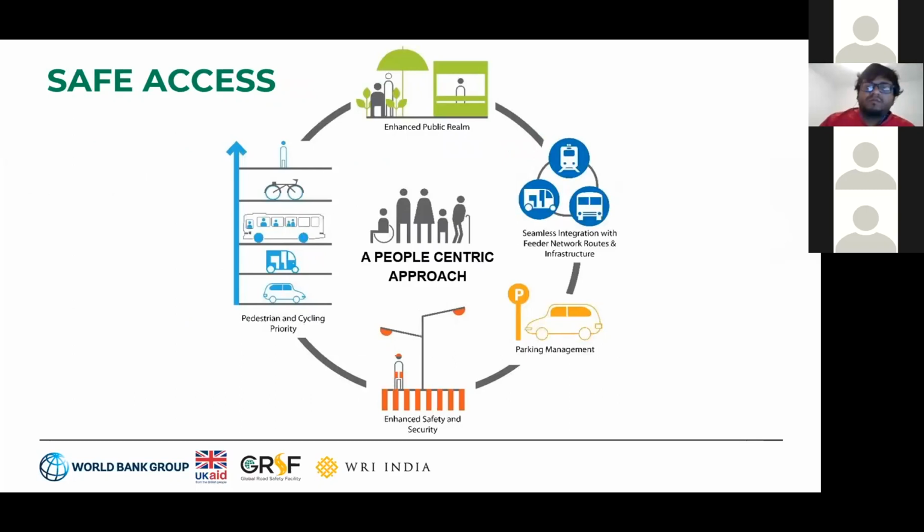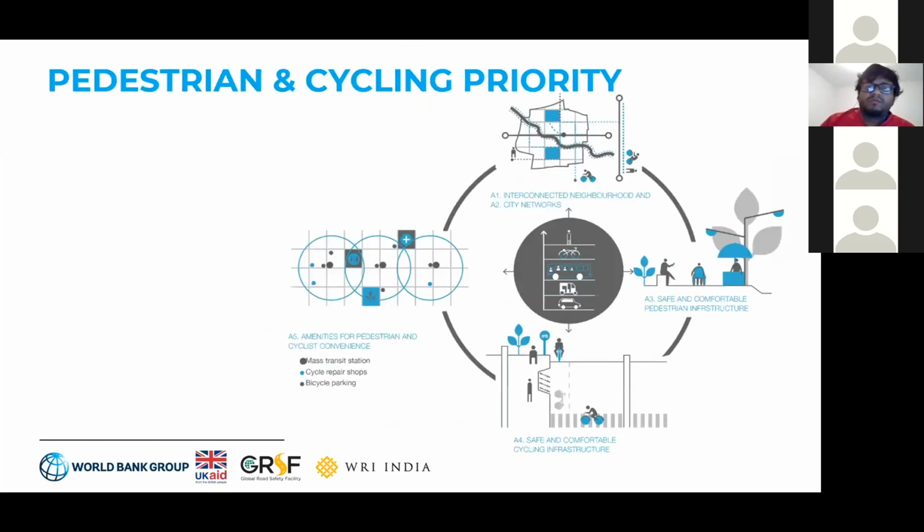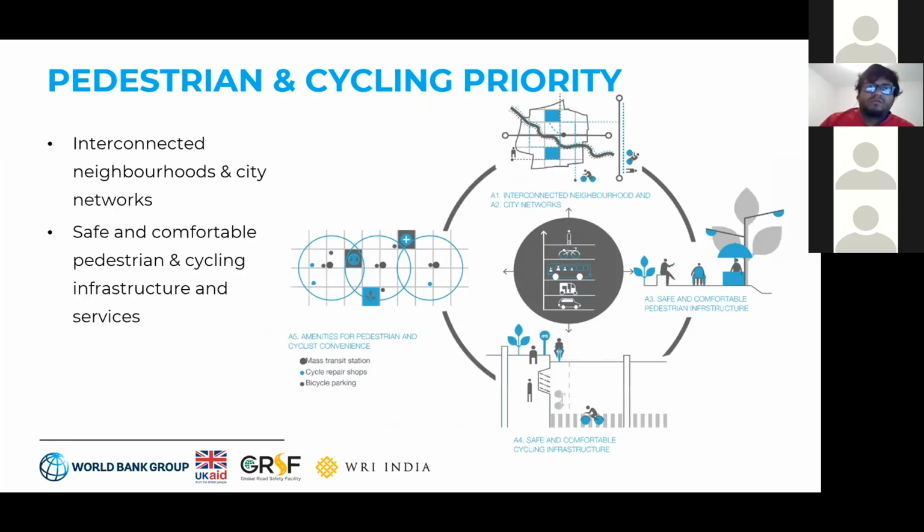Safe access can be broadly classified under 5 core strategies. These strategies focus on the challenges of all road users and give an understanding of how to prioritize the requirements of vulnerable user groups in the complex ecosystem of cities. The first strategy is prioritizing pedestrians and cycling through interconnected neighborhoods and city networks, safe and comfortable pedestrian and cycling infrastructure and services, and provision of amenities for pedestrians and cyclists.